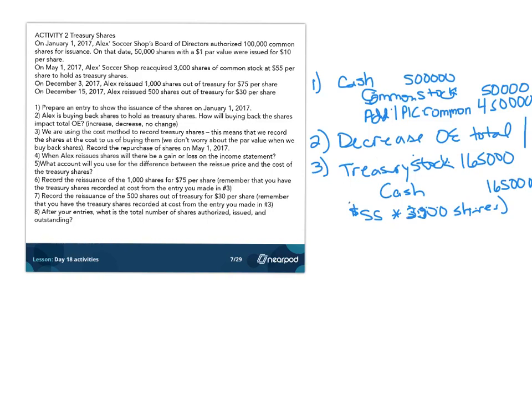Okay. So you notice this entry does not have anything about par value or common stock. We don't affect our common stock account. We buy these shares back and we put them in an account called Treasury stock.